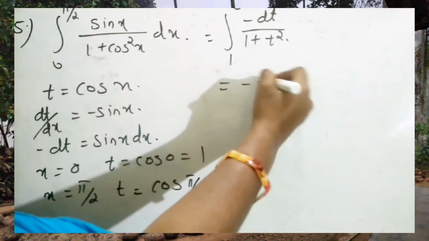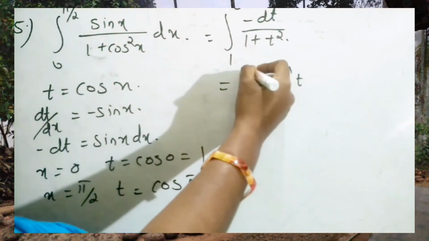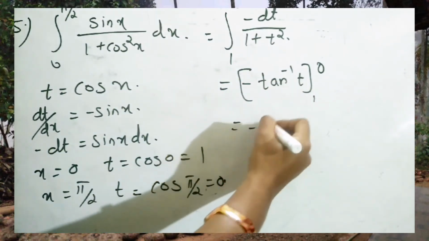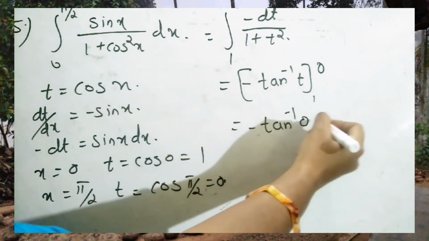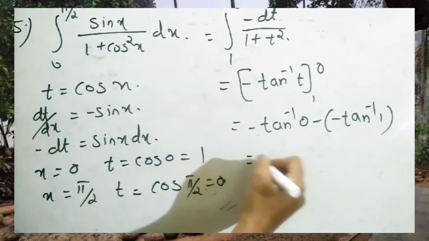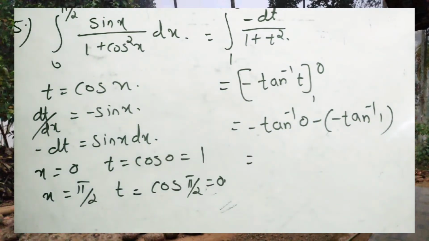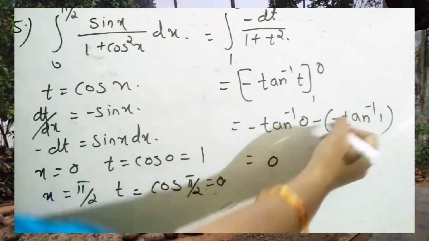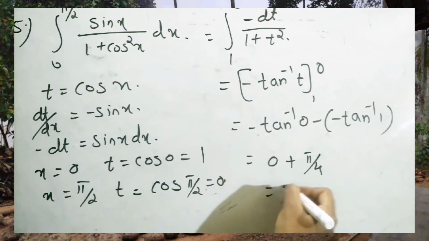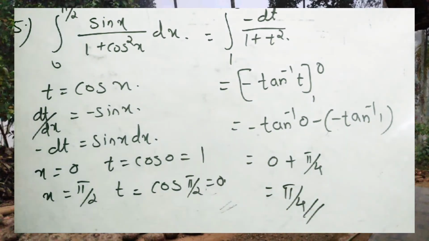So we will get minus tan inverse t from 1 to 0. That is minus tan inverse 0 minus tan inverse 1, which equals tan inverse 0 is 0, minus minus becomes plus, and tan inverse 1 is pi by 4. So the final answer is pi by 4.